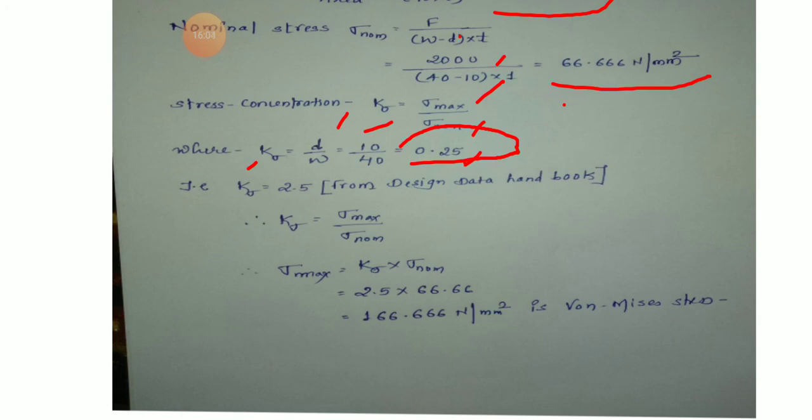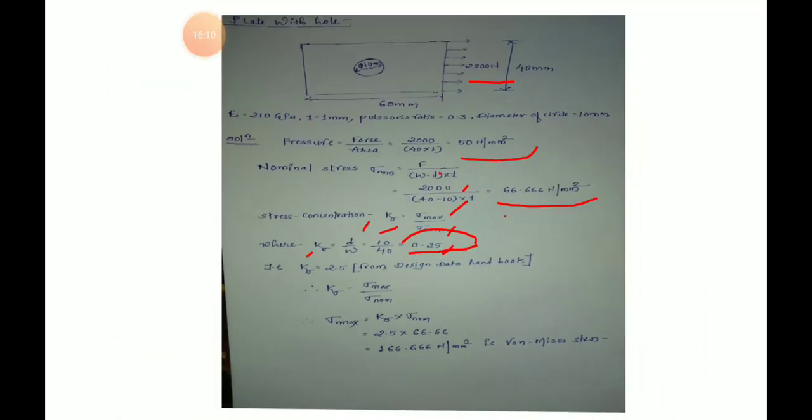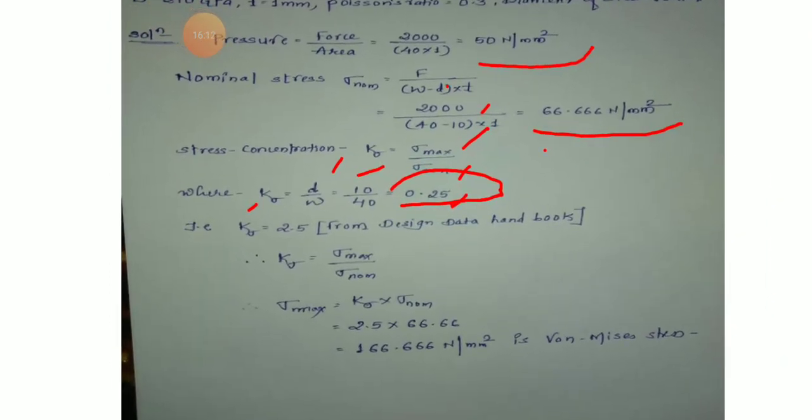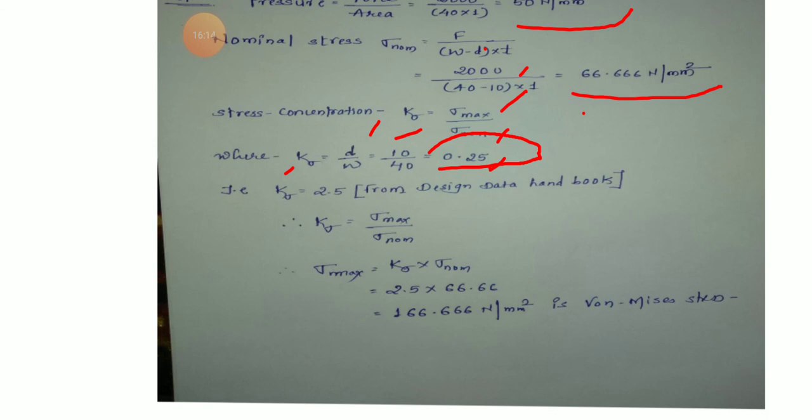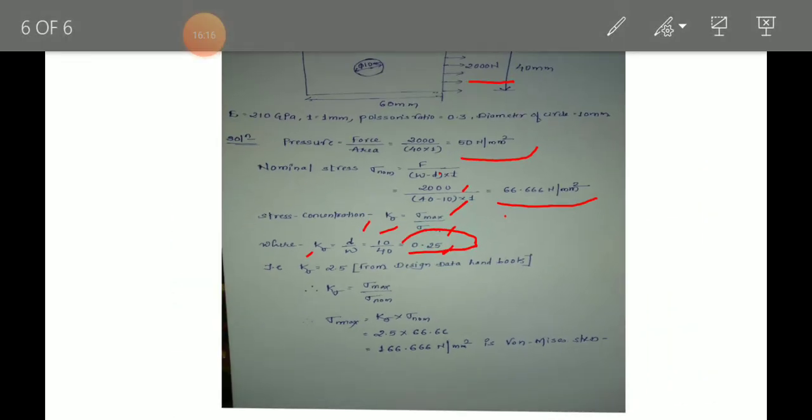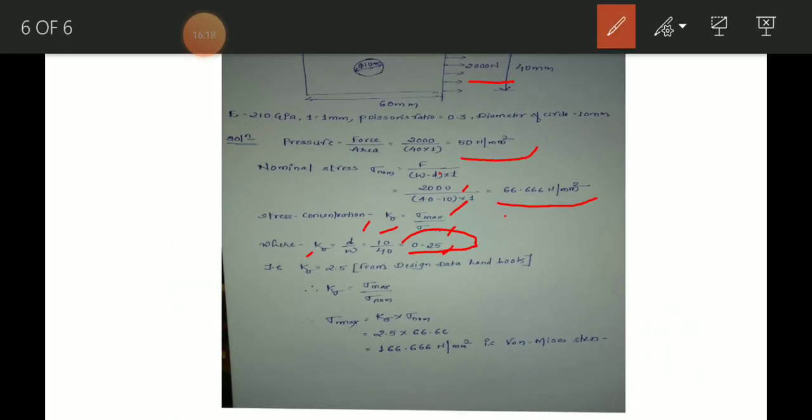Okay, so we got the value of k sigma. K sigma, that is the stress concentration, equals sigma max divided by sigma nominal. So we have to find the sigma max, the maximum stress, or this von Mises stress, as k sigma, 2.5, into sigma nominal.